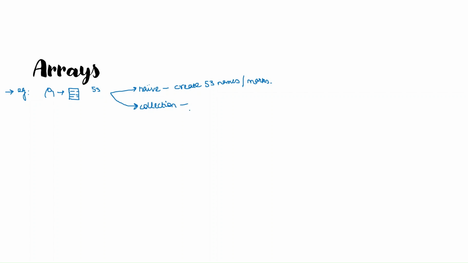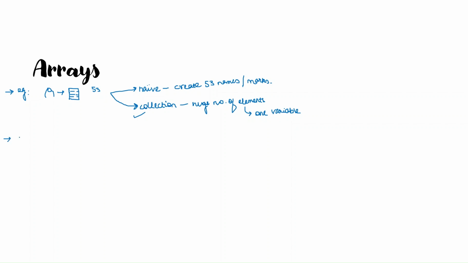So the application of arrays comes in when you have a huge number of elements to be stored, and there you just can represent these huge number of elements with just one variable. This is where arrays come in, and that is what arrays is in Java.